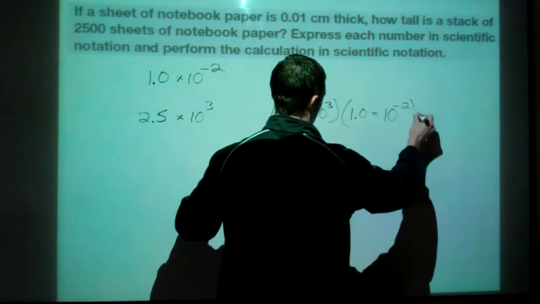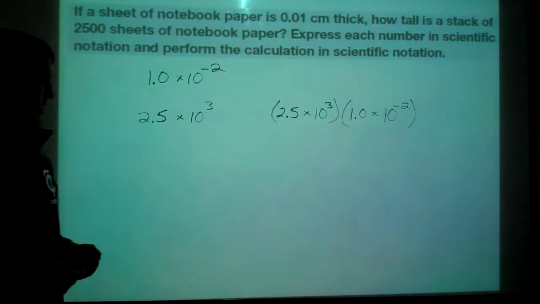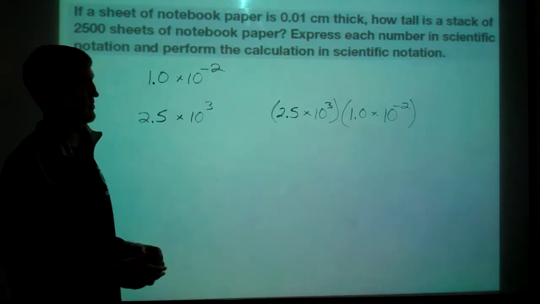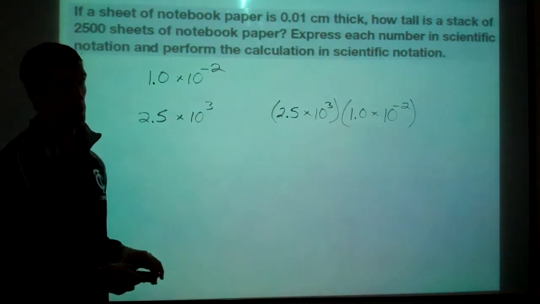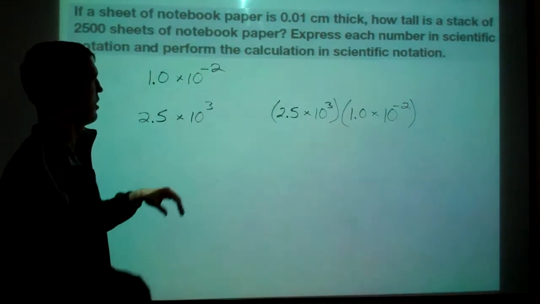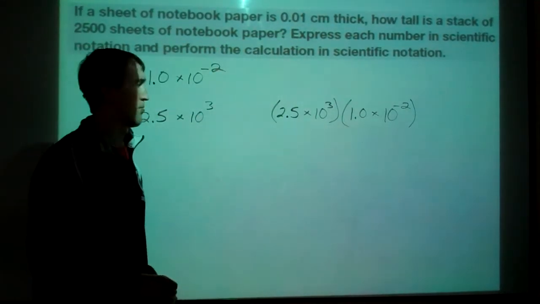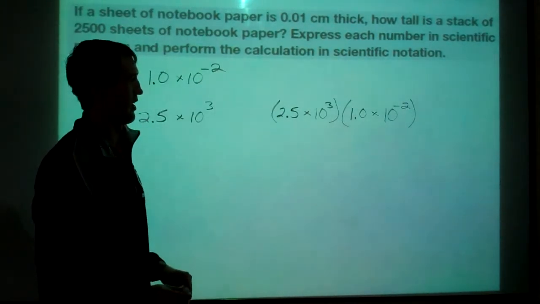Now it looks kind of funky that way, but it actually makes things a little easier, and you'll see why in a second. Because they want the answer in scientific notation. If we wanted just the answer, we could do 0.01 times 2,500. But if they want the answer in scientific notation, this works out just fine.